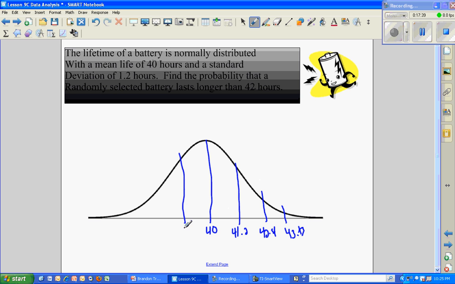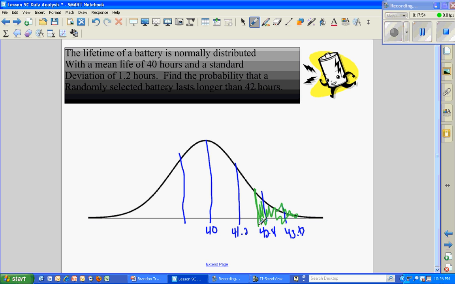Of course, we can come back with it too, but that's not what the question's asking. Find the probability that a randomly selected battery is going to last longer than 42 hours. So we're looking for this in here.